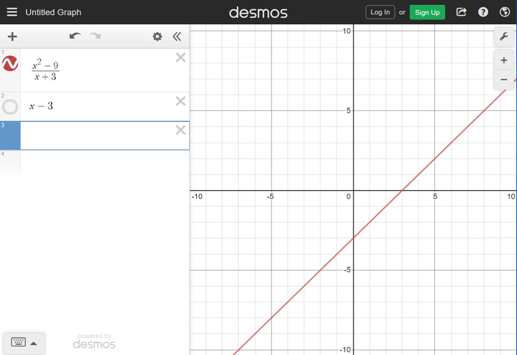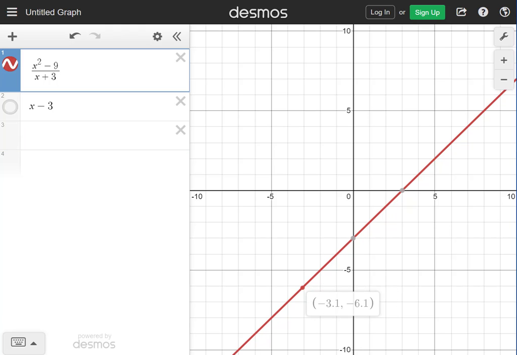It's hard to imagine what I'm saying without looking at the graphs, so I pulled up desmos.com to help us visualize it. Basically, when you see the graph of x squared minus 9 divided by x plus 3, it's this red line, which you can't really see, but there's a hole on the graph at -3, -6, right here. So you can see that when we get to this hole, it says -3 undefined. You can't figure out the value of the function at -3.